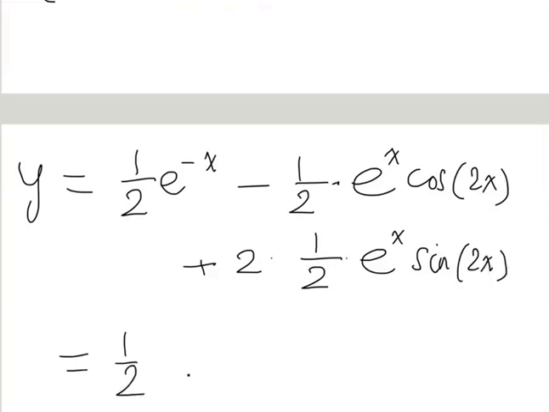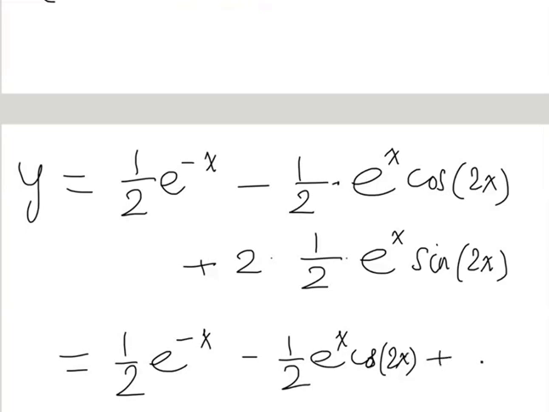So finally, the answer is this. Plus e to the x sine of 2x.